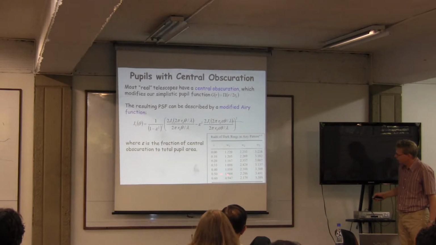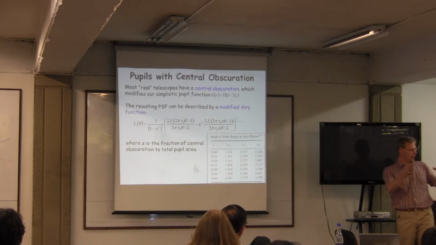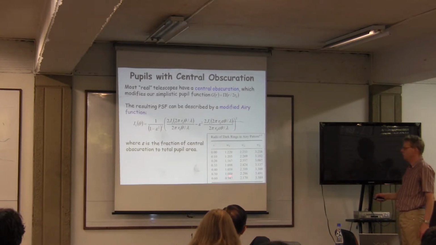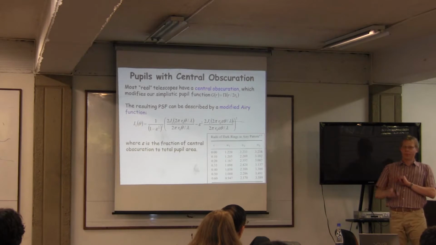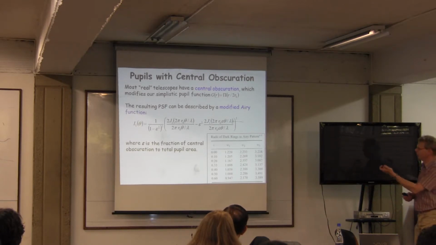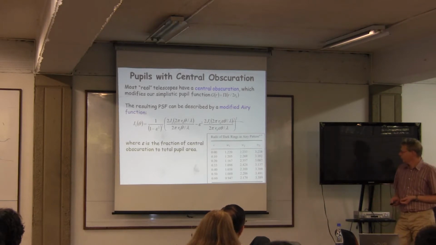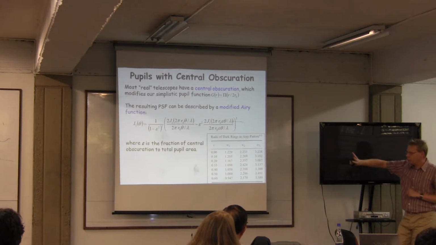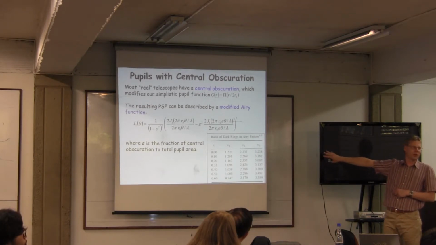So if you have half of the telescope size covered with the central obscuration, then you would be able to make the central peak of the star, your PSF, appear smaller.